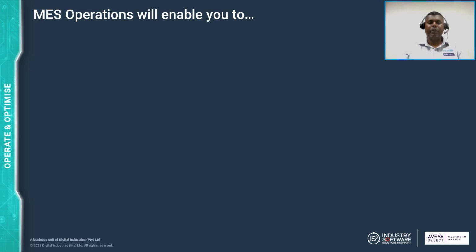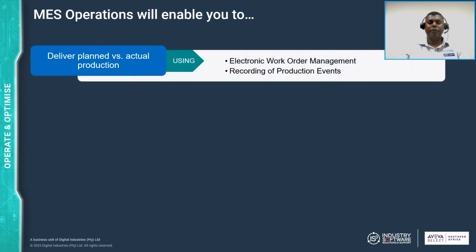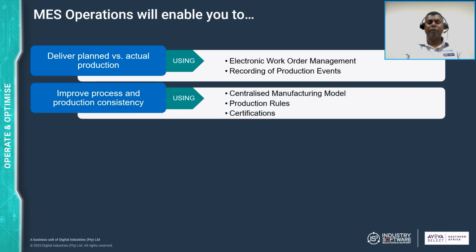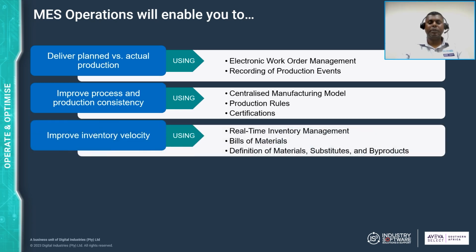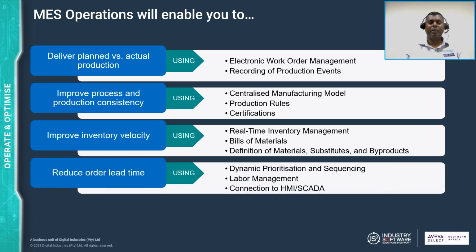On this slide, we take a look at what MES operations can enable you to achieve. So it can enable you to deliver planned versus actual production using electronic work order management, recording of production events, improve processes and production consistency using centralized manufacturing model, production rules and certifications, improve inventory velocity using real-time inventory management, bills of materials, definition of materials, substitutes, and byproducts.